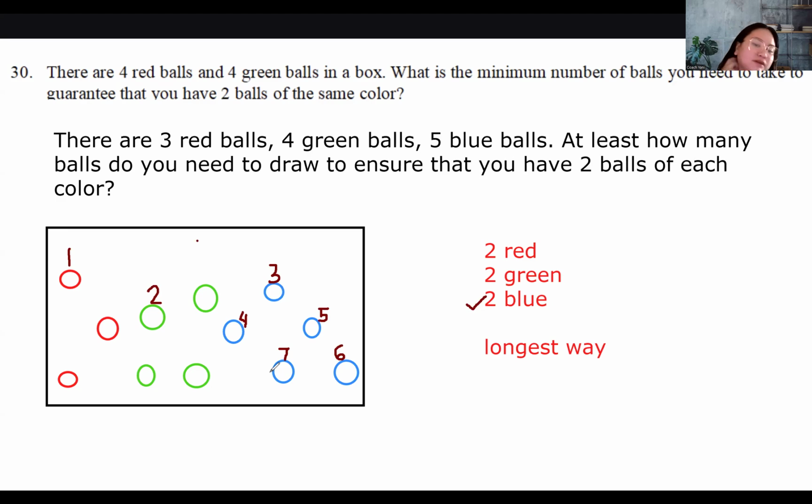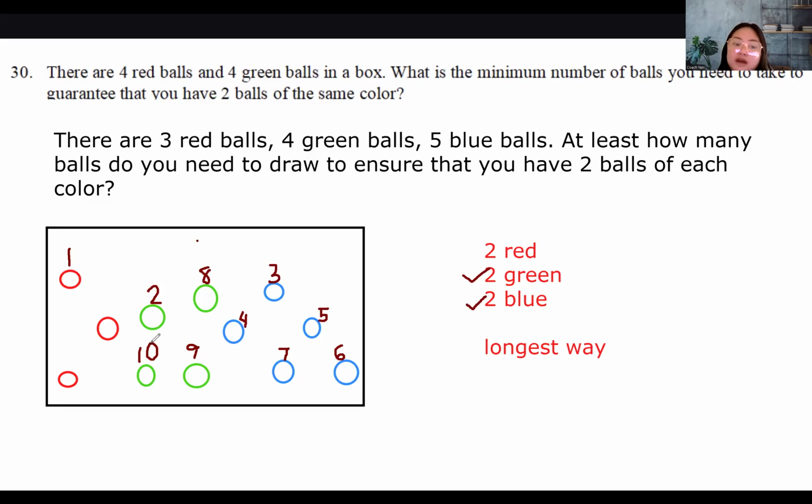Right? Oh, what's the next one? This is your eighth draw. You have two green now. So that's correct. But then you are still very unlucky. Instead of getting the two red or the second red, you get all the greens first, right? Which you don't need anymore to complete your mission. That's already 10 draws.